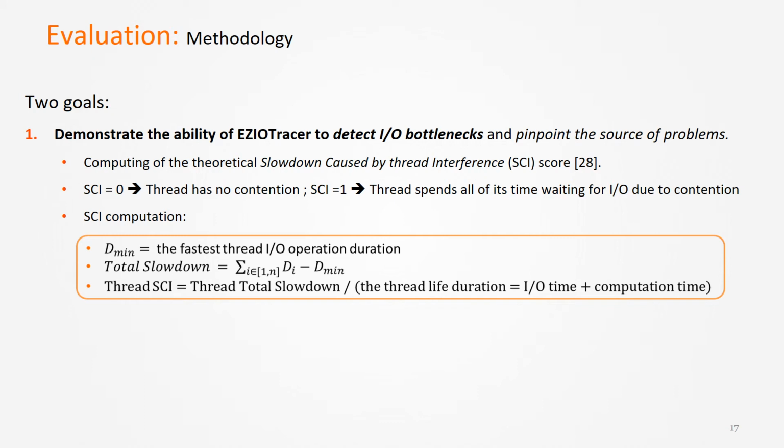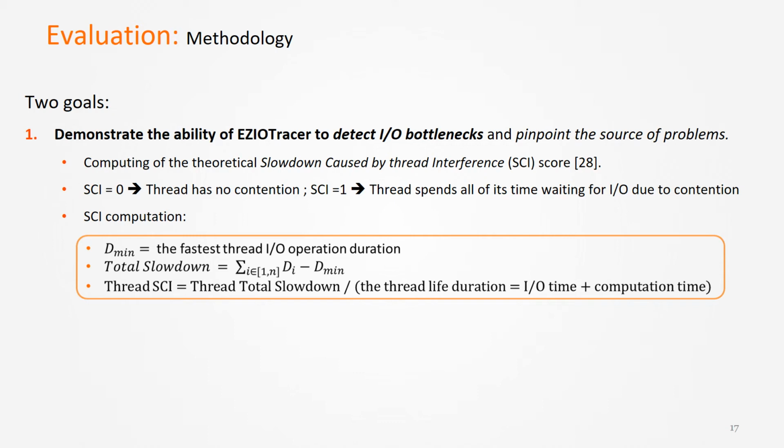In this section, I will present the evaluation of our tracer, EZIOTracer. The evaluation has two goals. The first one is to demonstrate the ability of EZIOTracer to detect IO bottlenecks as well as to pinpoint the source of the performance problem.